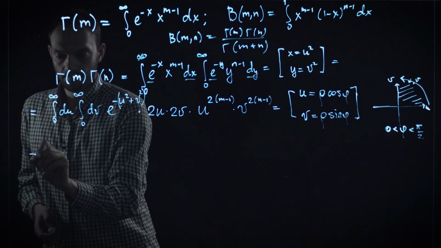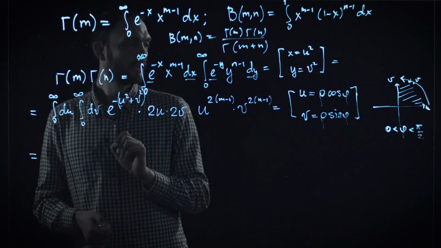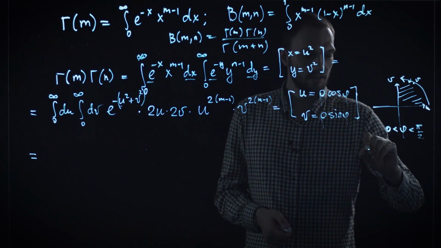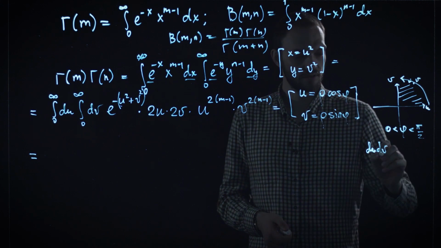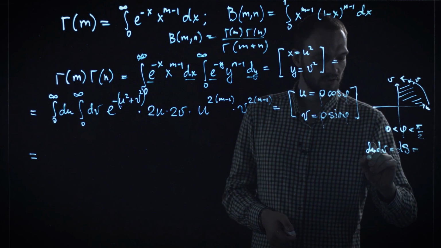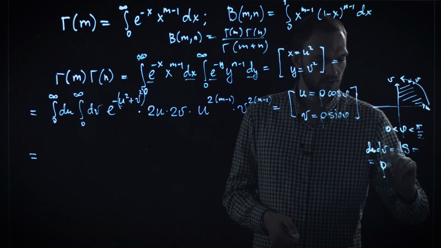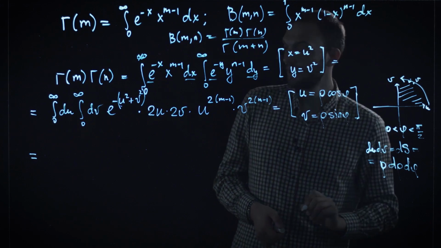So let's proceed. Conveniently, du and dv, as another side note, is nothing but the area measure on this plane. And in polar coordinates, this is just rho times d rho times d phi.